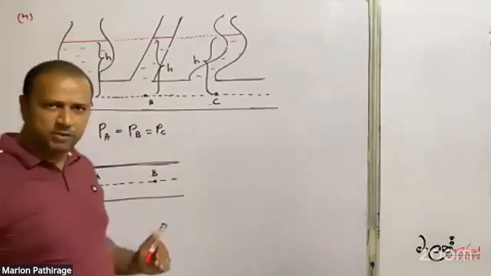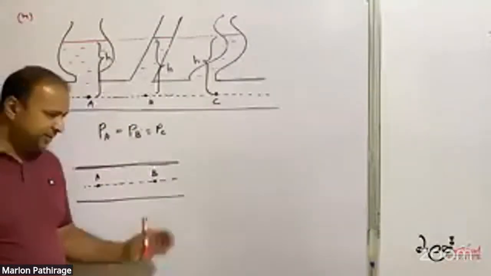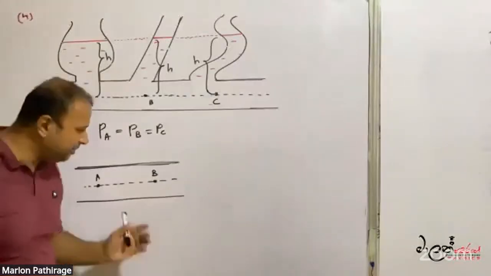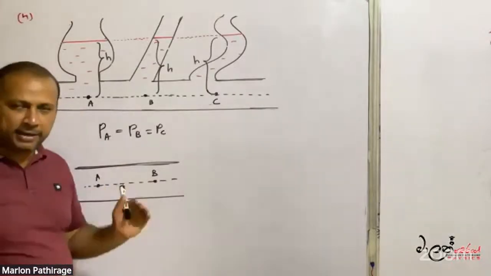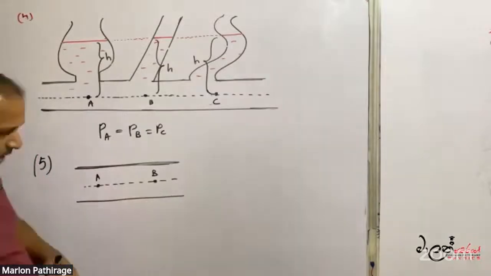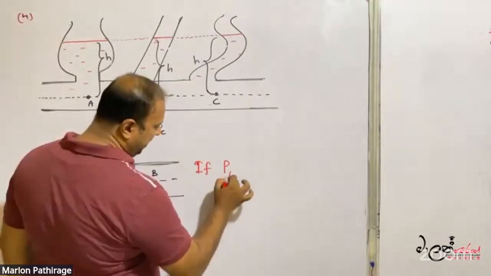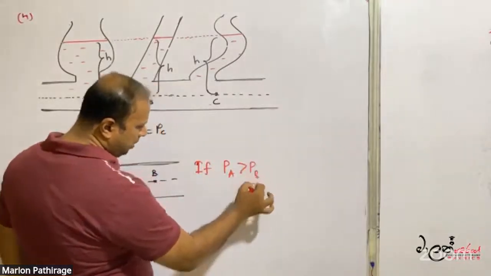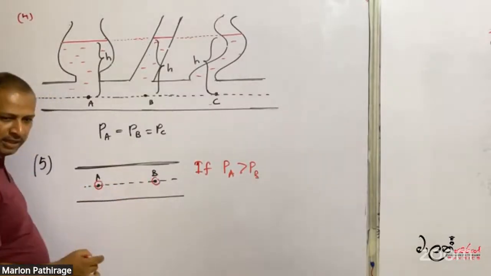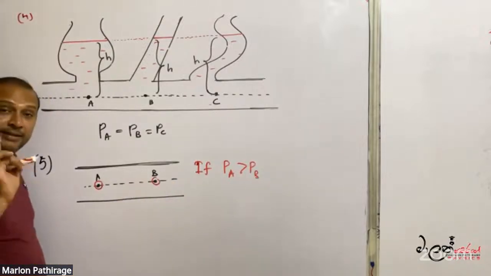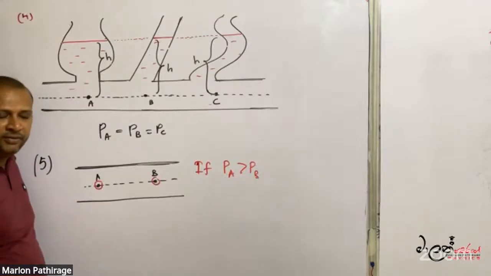Now suppose there is a tube of liquid like this, and these are at the same horizontal line. If pressure A is higher than pressure B, this liquid cannot be at rest condition.